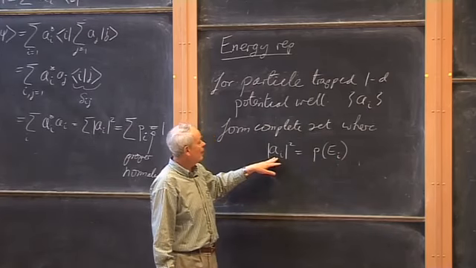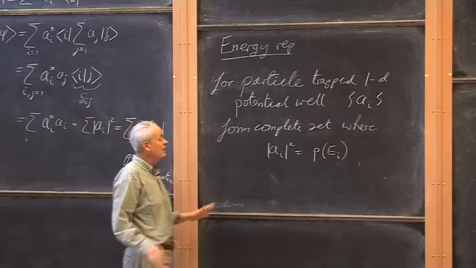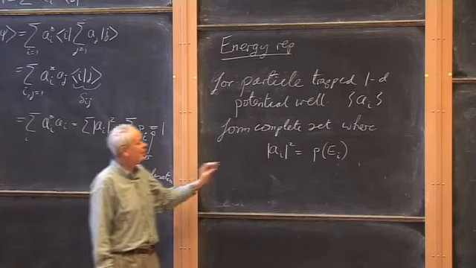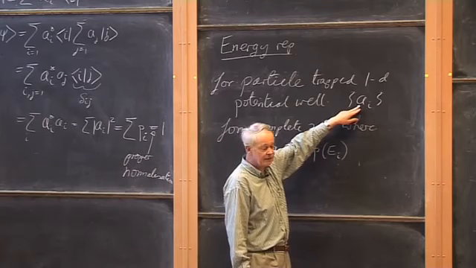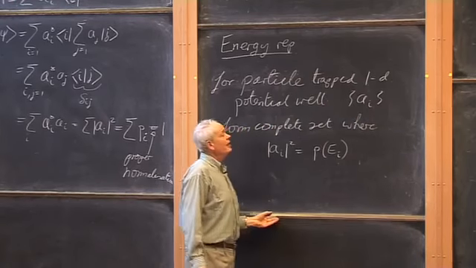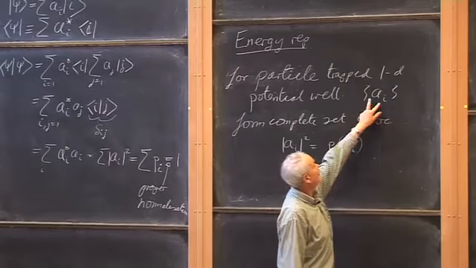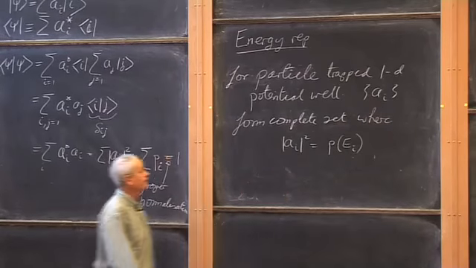That's this mod square, and a complete characterization of the system, complete dynamical information, is provided by knowing not only these probabilities, but actually the amplitudes themselves. So you can think of psi as a vector formed by these amplitudes.